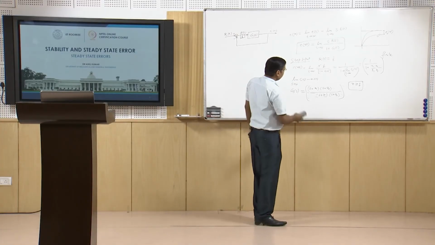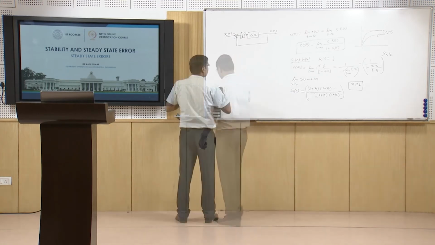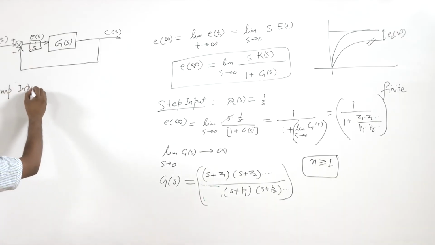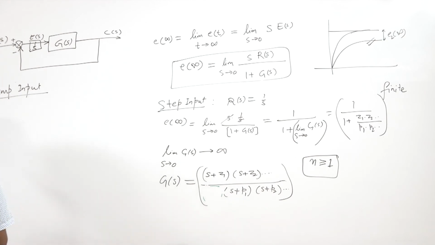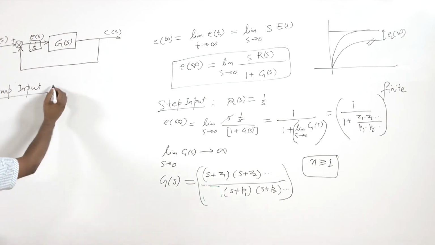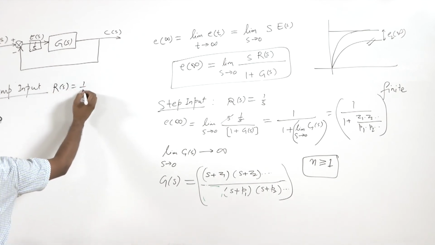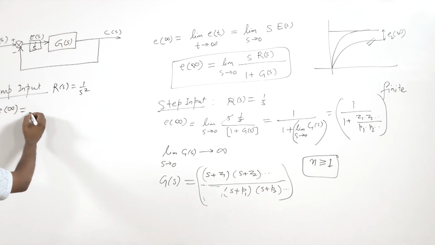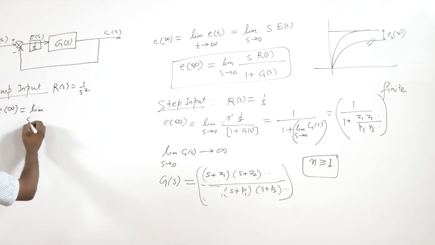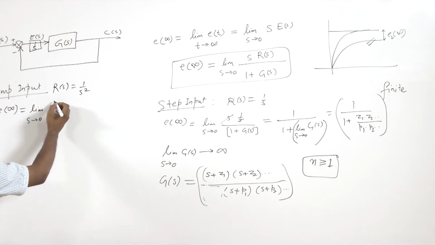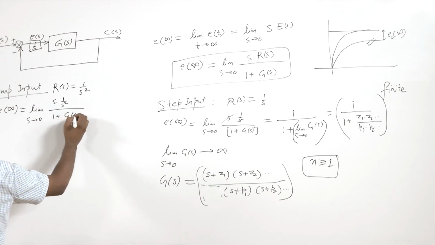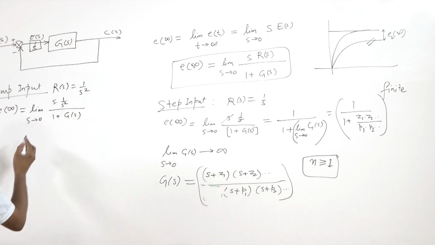Now come to the ramp input. So this was step. Now suppose we have a ramp input. For this ramp input, R(s) equals 1/s squared. So we get e(infinity) equals limit s tends to 0 of s times 1/s squared upon 1 plus G(s). Here the s will cancel out one s from the square term.